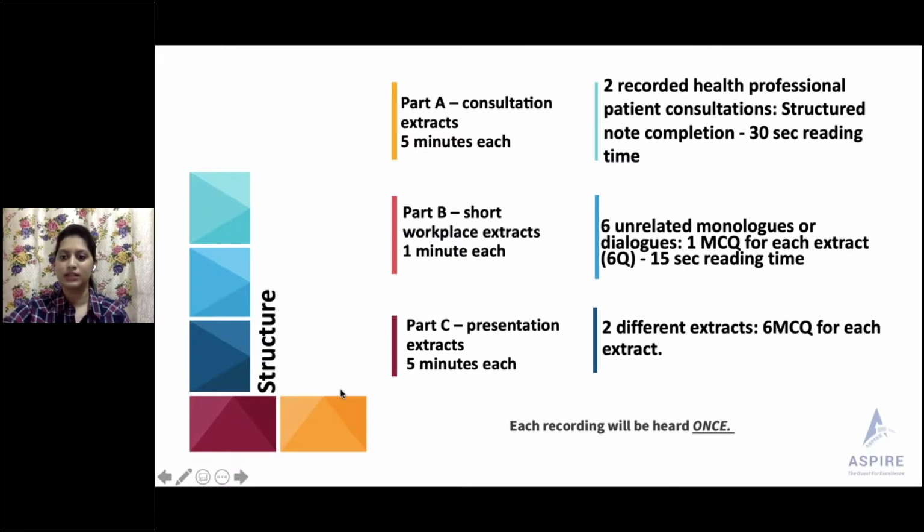So let's look at the listening structure. So the OET listening test is designed to assess your listening skills in a range of contexts relevant to your workplace. Each part of the test focuses on important areas of understanding for healthcare staff, including communication with patients and colleagues in the workplace environment.